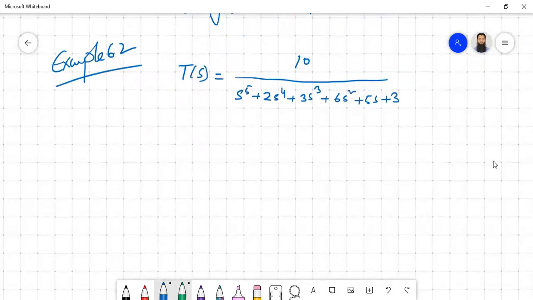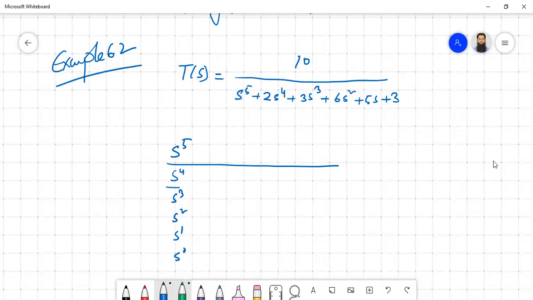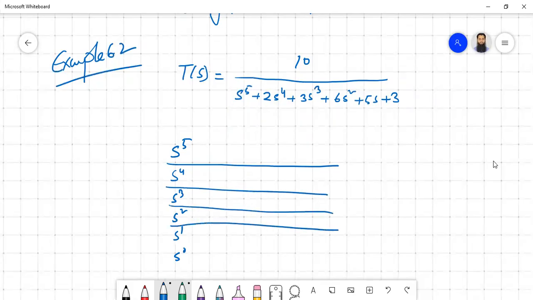Okay, so now the highest order is s to the power 5. So start forming the table: s to the power 5, s to the power 4, s cubed, s squared, s to the power 1, s to the power 0. Separate the lines for ease of manipulation.